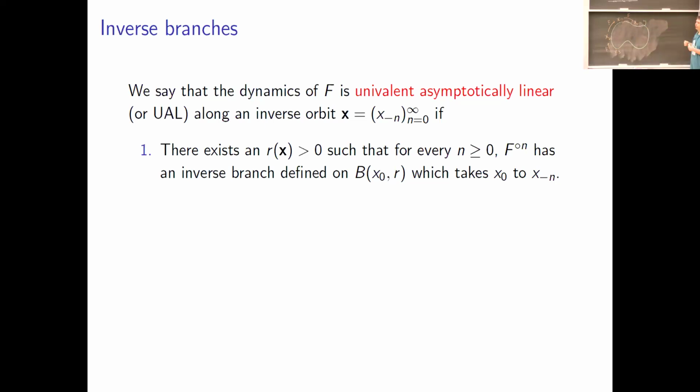We say that the dynamics of F is univalent asymptotically linear, or UAL, along this inverse orbit if there exists a ball centered at x0 of some radius, so that the inverse branches of F are well defined on this ball. So we can invert F along this inverse orbit forever.